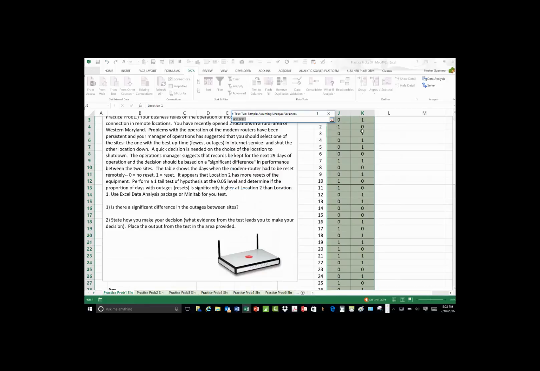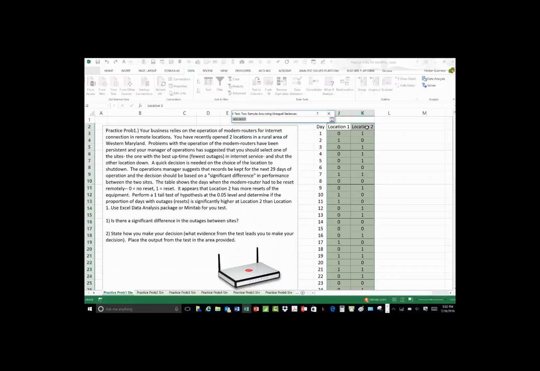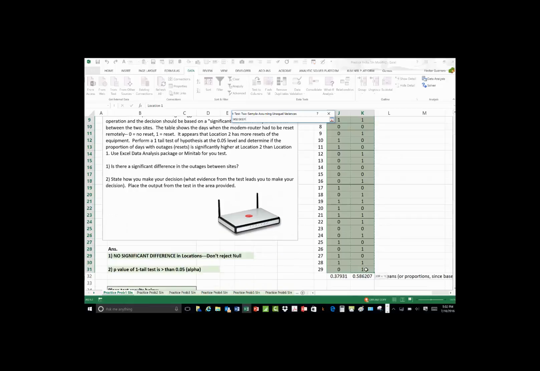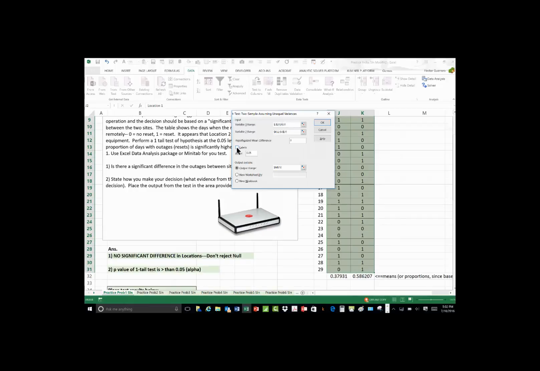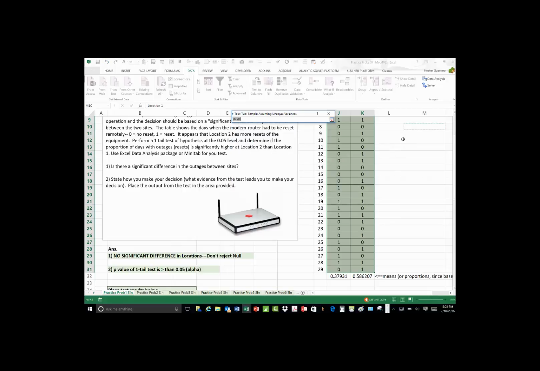The next column of data is here. I also captured the label, so I'm going to use that. Let's hypothesize that the difference in means is 0. Then we want to output our results, let's say here.